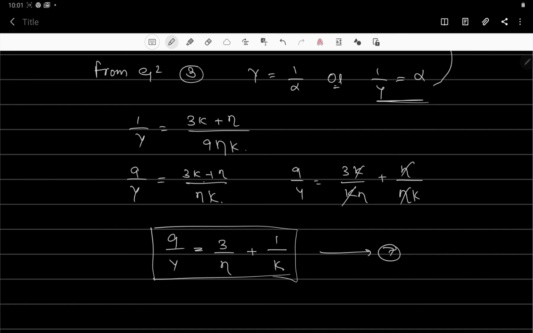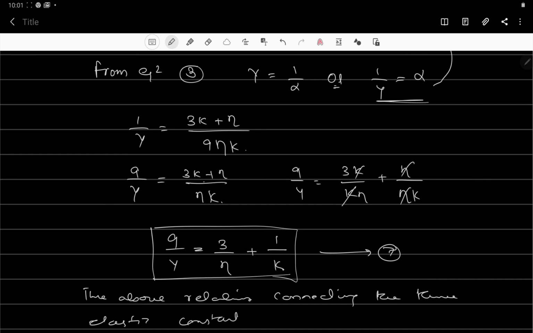This equation 7 is the relation connecting the three elastic constants.